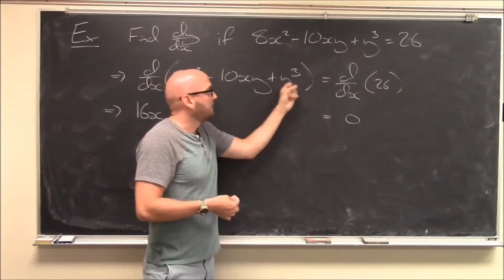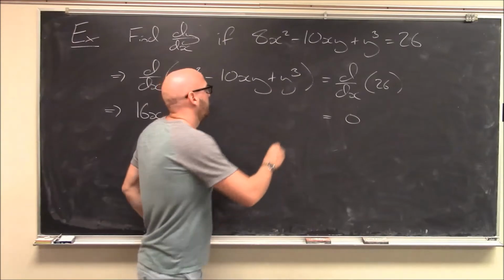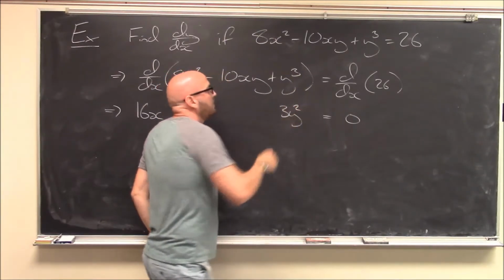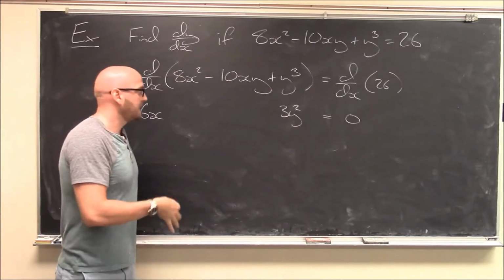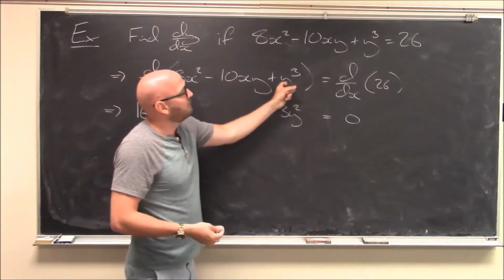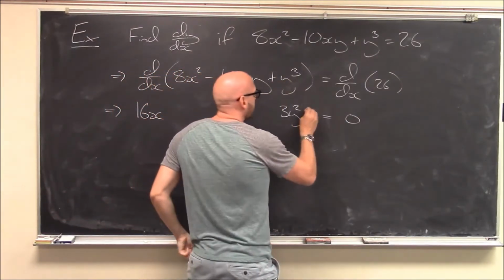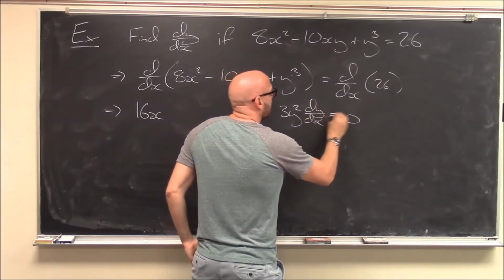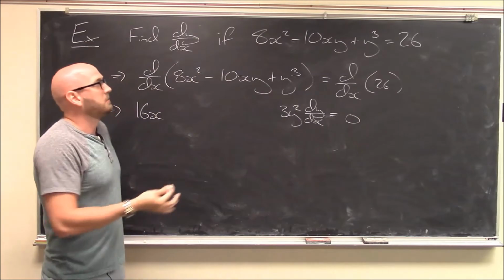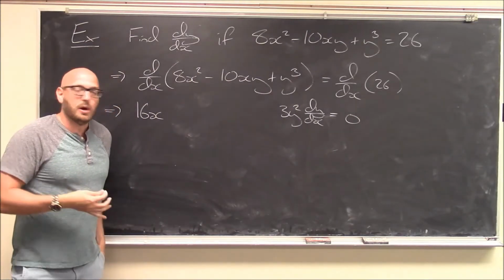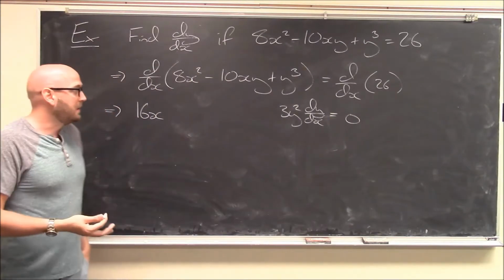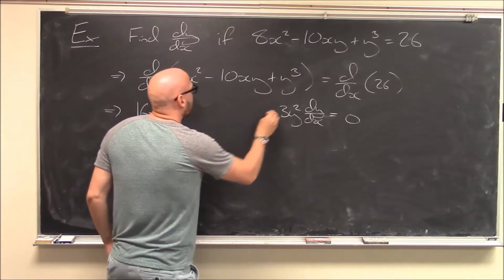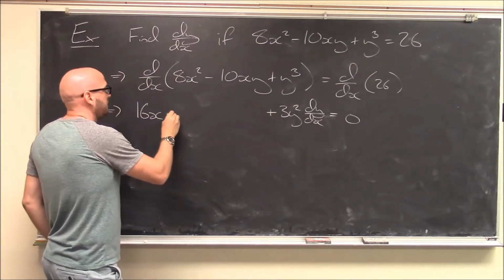Well, I first differentiate with respect to y. So I get 3y squared. But then, the chain rule comes into play here, times the derivative of the inside, times dy dx. And if you want to remember it like that, as in, I just differentiate with respect to y and then tag on this dy dx on the end, that's totally fine. That will indeed work for you. But where it's actually coming from is the chain rule.